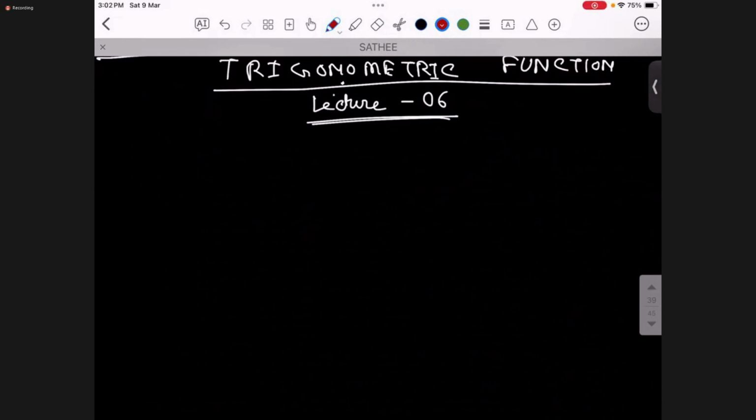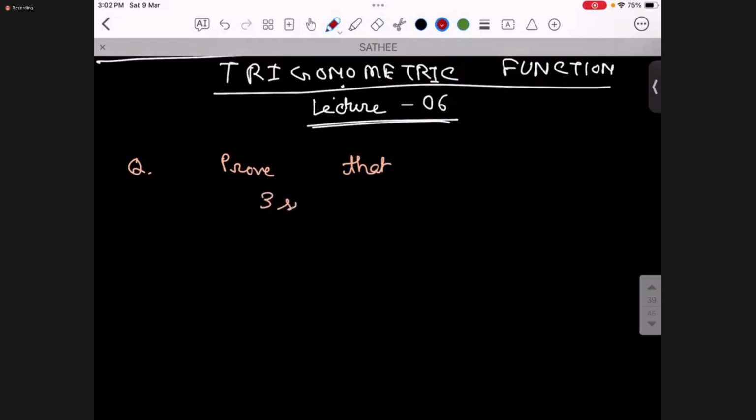So the first question is: prove that 3 sin(π/6) / cos(π/3) − 4 sin(5π/6) cot(π/4) equals 1.